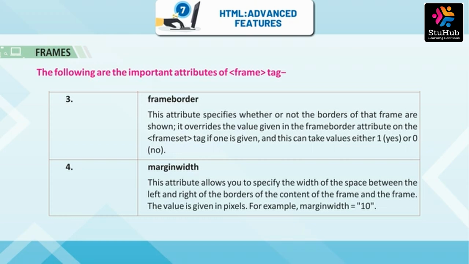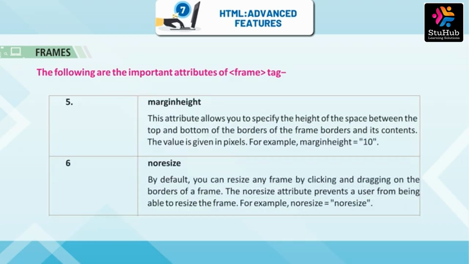The value is given in pixels. For example, marginwidth equals "10". 5. marginheight. This attribute allows you to specify the height of the space between the top and bottom of the frame borders and its contents. The value is given in pixels. For example, marginheight equals "10".